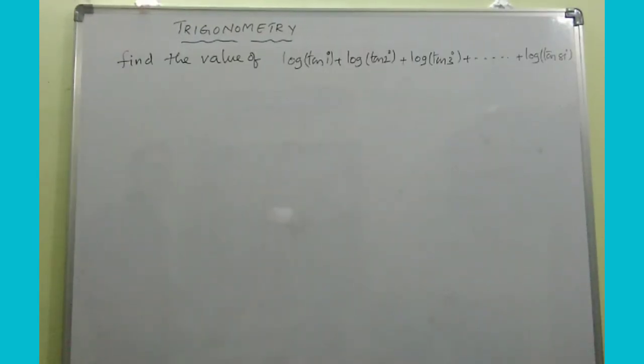So look at this question now. Find the value of log of tan 1 degrees plus log of tan 2 degrees plus log of tan 3 degrees, and so on, plus log of tan 81 degrees.